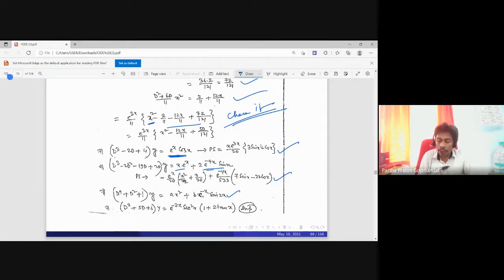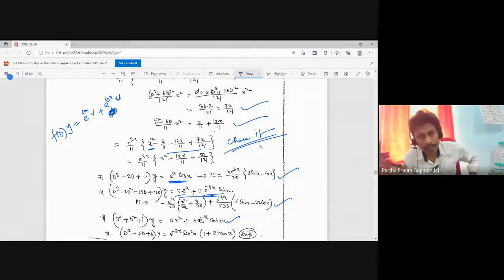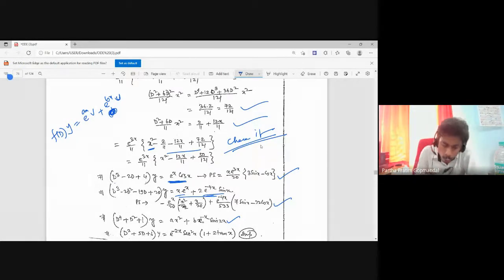So what you do is, for this kind of problems, let's say you have f(D) y is equals to some e to the power ax into v plus e to the power bx into u. Okay, where u and v are any function of x, they may have relation, may not have. So what you do is, particular integral, you find term wise. First see the contribution from this term.